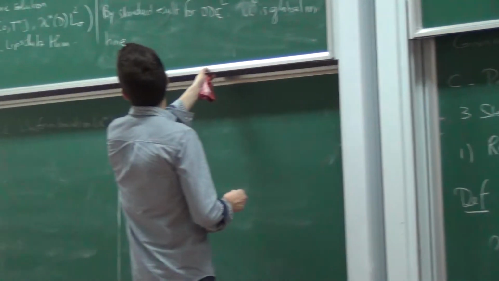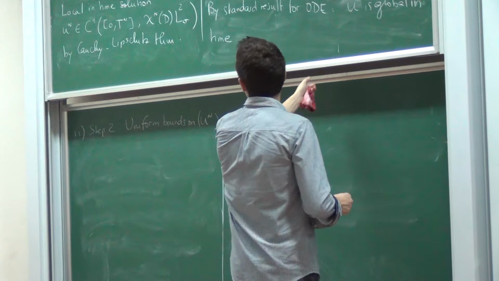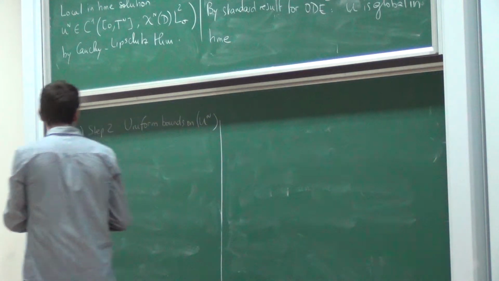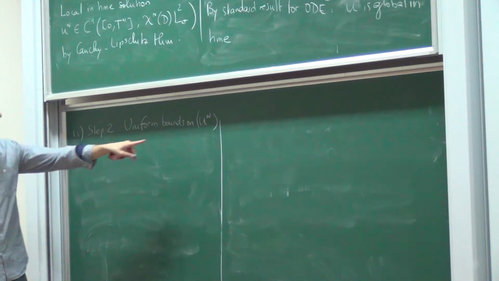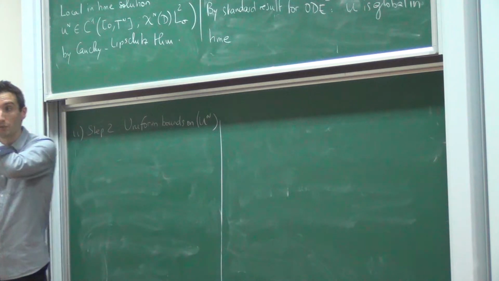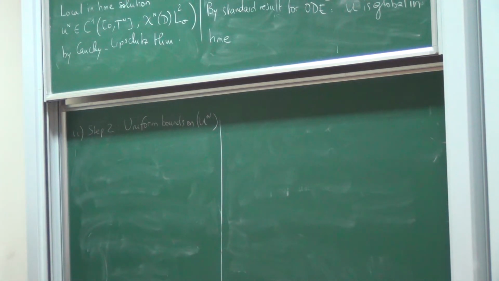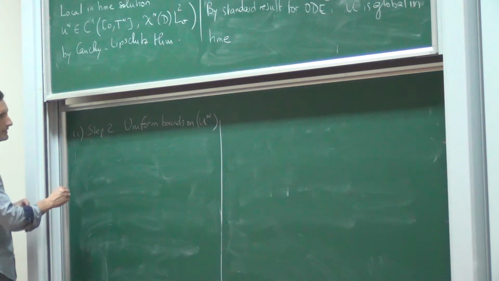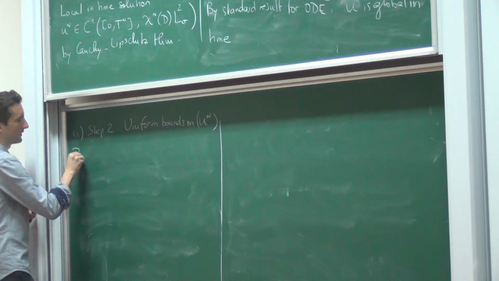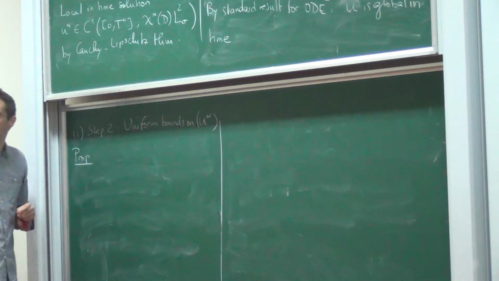So now that I have these nice solutions, I want to get uniform bounds, right? I want to get uniform bounds. And okay, the main proposition actually is the following.